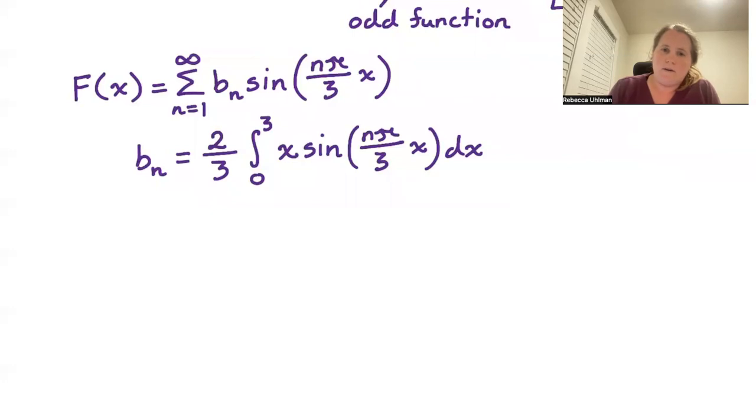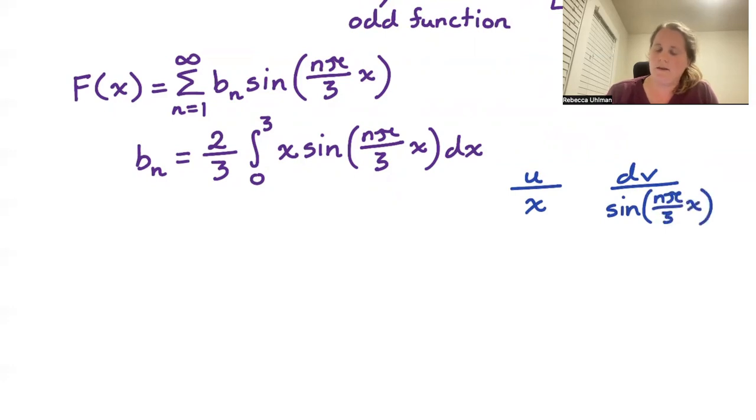So if we do our rapid repeated integration by parts, we have our u is x, our dv is sine of n pi over 3x. Differentiating down the left-hand side, we go x goes to 1, goes to 0.